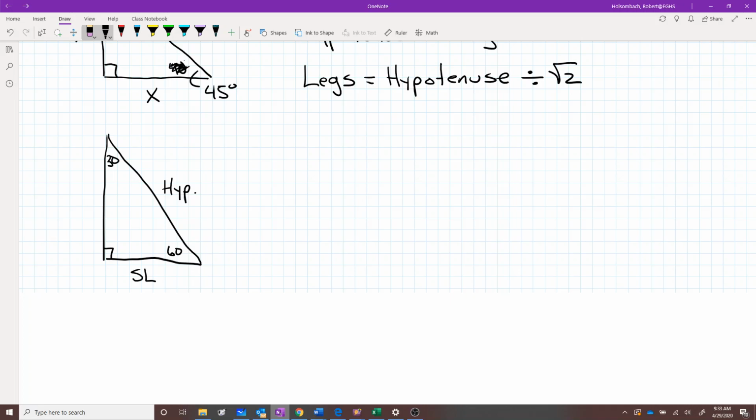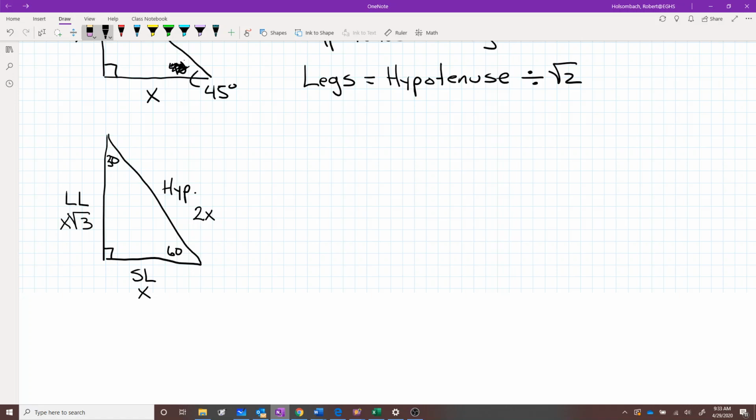And we have the side opposite the 60-degree angle, and that's called the long leg. And the rule related to a 30, 60, 90 is that if the short leg is equal to x units long, then the hypotenuse is 2 times x units long, and the long leg is equal to x times the square root of 3.